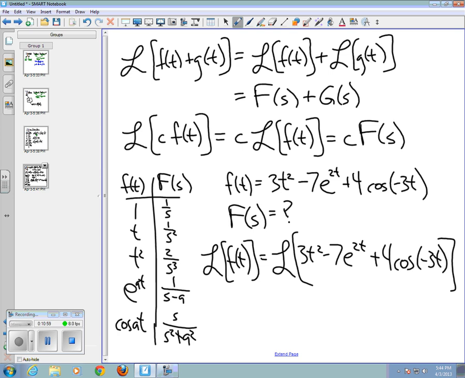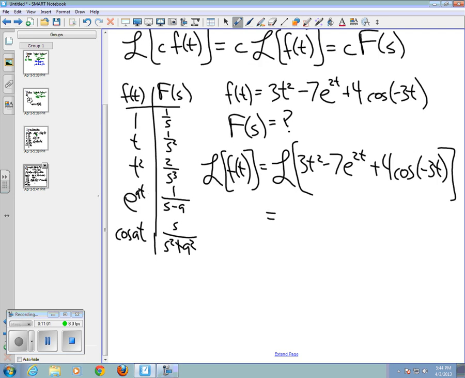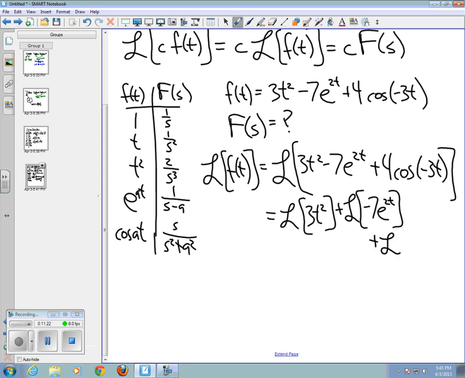But because the Laplace transform is linear, I can first distribute it to each term in here. So we've got the Laplace transform of 3t squared plus the Laplace transform of negative 7e to the 2t plus the Laplace transform of 4 cosine of negative 3t.